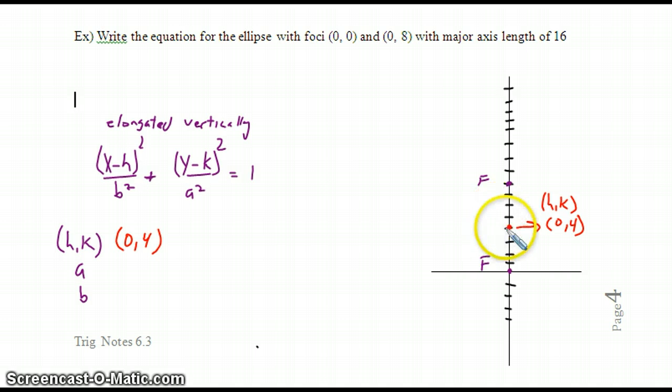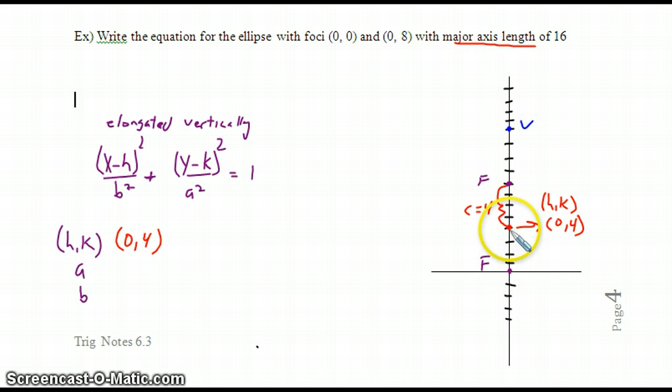And now what that helps me figure out is that c is 4, because c is the distance from center to foci. The other piece of information I was given is that the major axis length is 16. So if the whole entire length is 16, half of it would be 8. So 8 would have to go above the center and below the center. If I go up 8, 1, 2, 3, 4, 5, 6, 7, 8, that has to be a vertex.